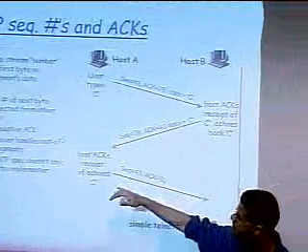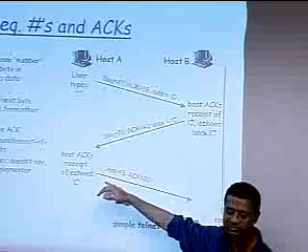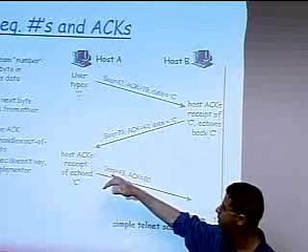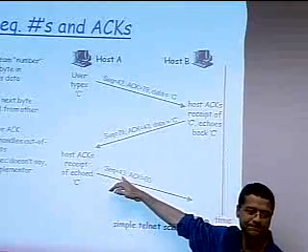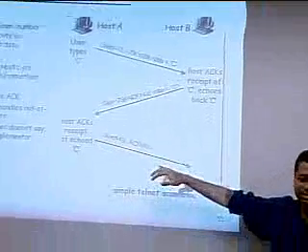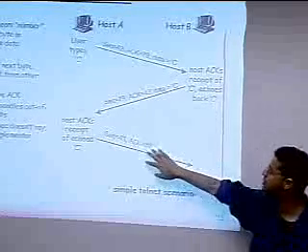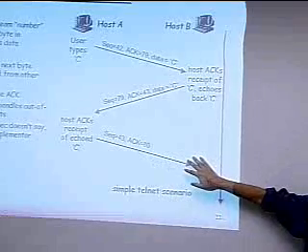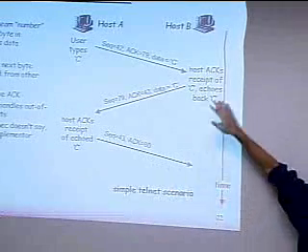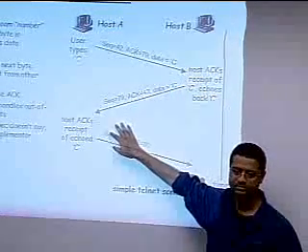The host will acknowledge the receipt of this echoed C with the sequence number 43 and ACK 80. Now in this packet there is no data.